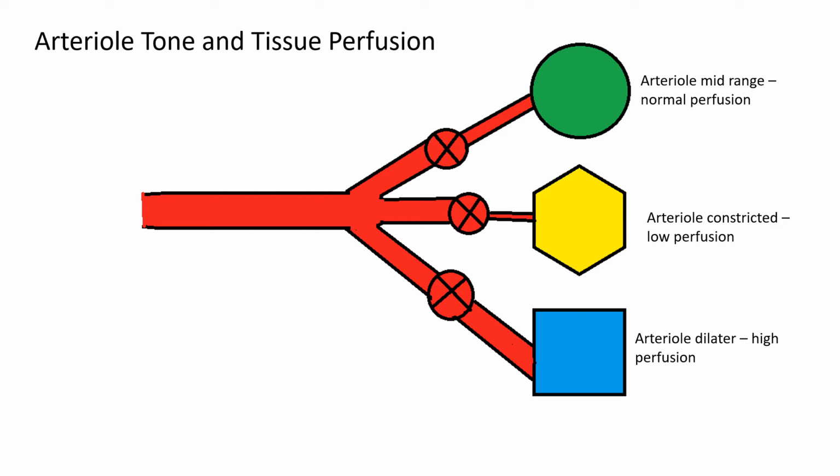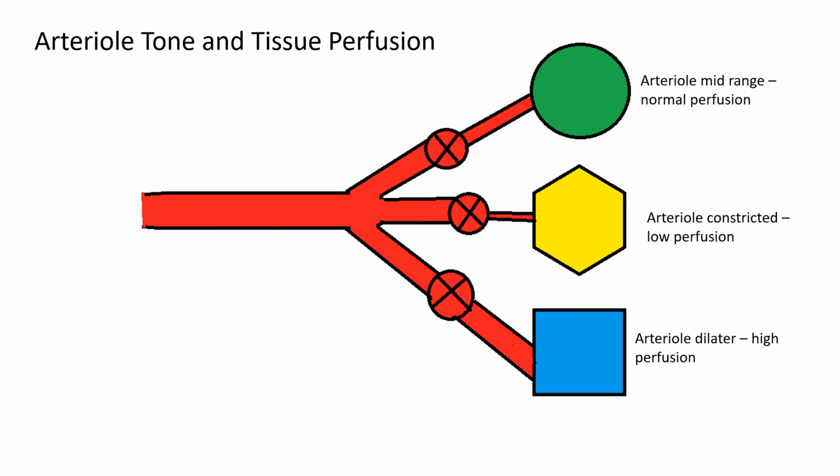Next, if we look at the green shape representing a different physiological state, in this case, normal physiology, where the arterial tone is normal, you can see that the capillary flow to the tissue is medium or normal. And then lastly, if we look at the blue shape, which represents the third physiological state and blood flow to that tissue, here the arterial tone is low.